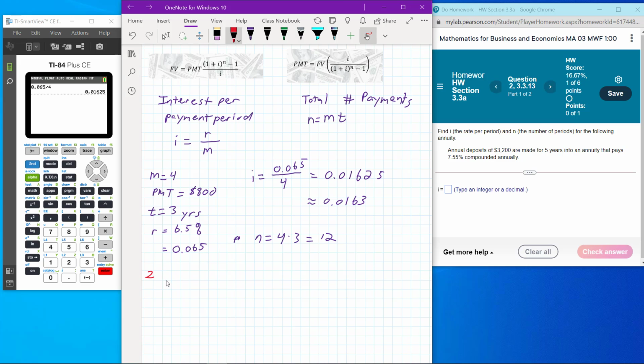We will have, well, first we have annual deposits. That implies that M is equal to 1. The payment is equal to $3,200. We are doing this for 5 years. T is equal to 5.